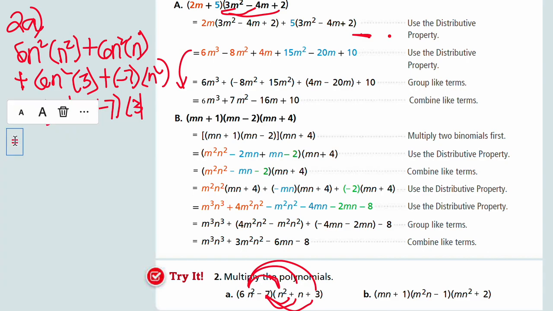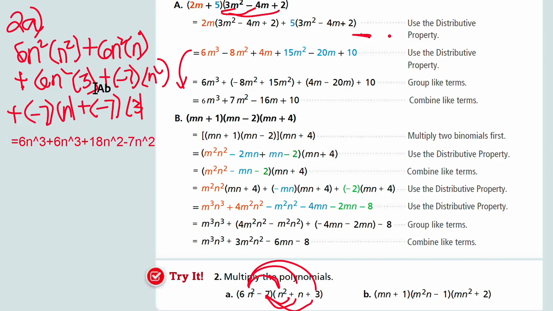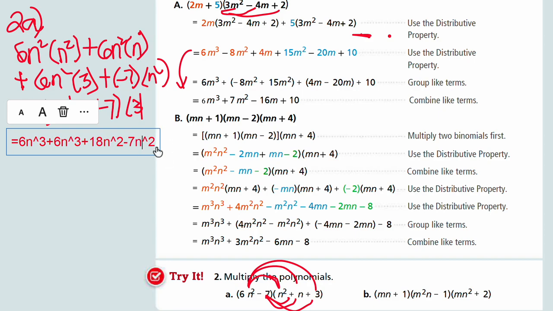Yeah, and then you will have 6n to the cube. Whoops. 6n cubed, and then plus 6n cubed again, and then 3 times 6n squared would be 18n squared, and then negative 7n squared, and then negative 7n minus 21.